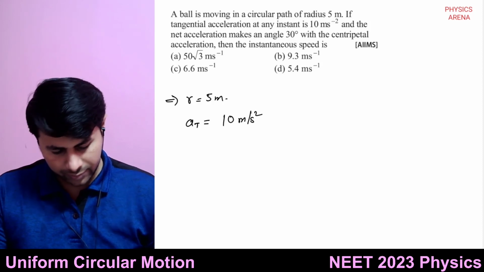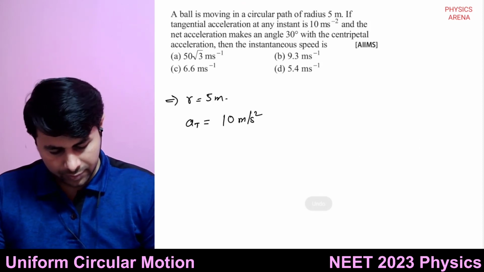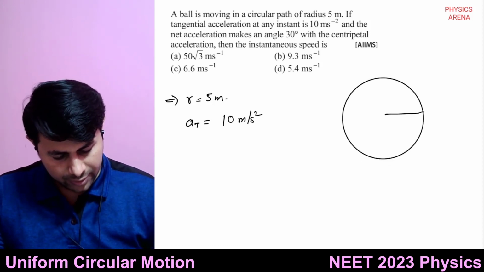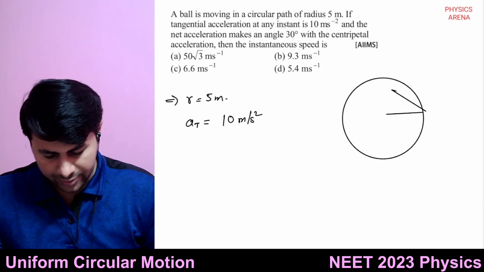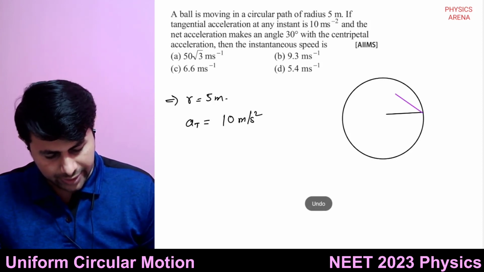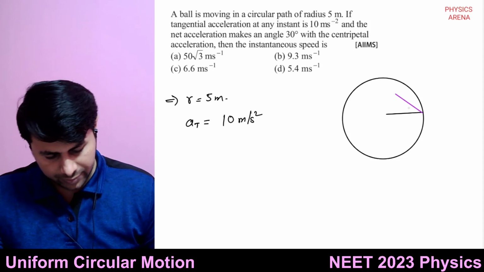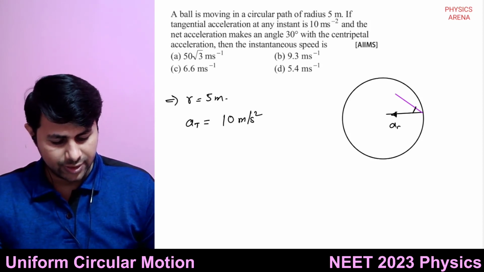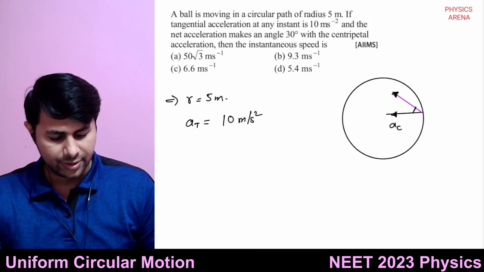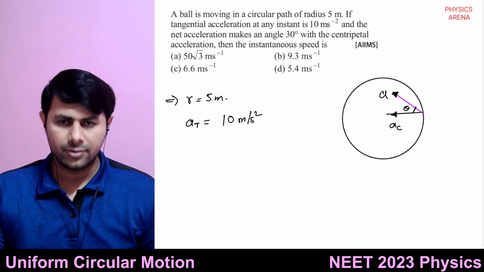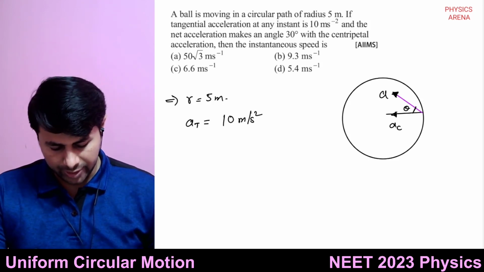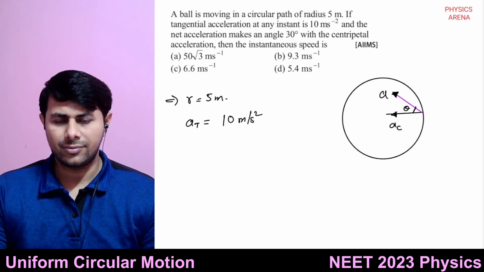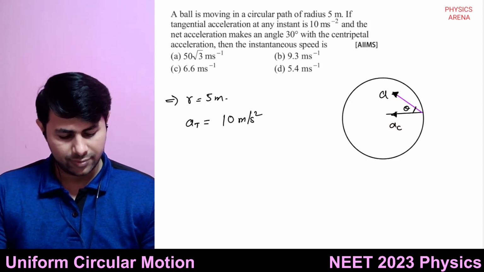So centripetal acceleration and the net acceleration, this angle is given, this is 30 degrees, right? So this is AC, this is total acceleration A. From this we can find out AC. Tan theta is equal to tangential acceleration by centripetal acceleration.